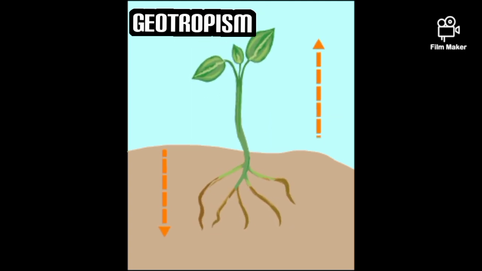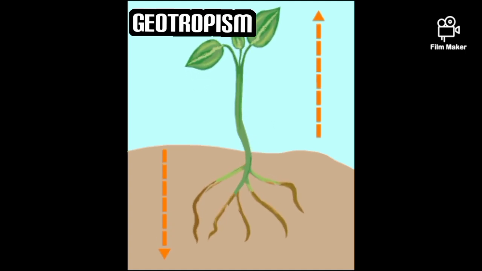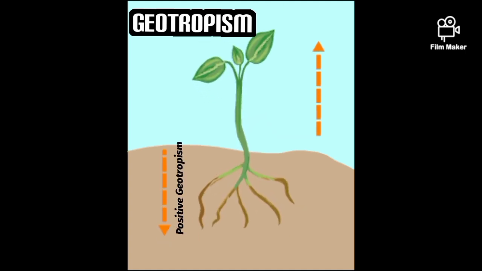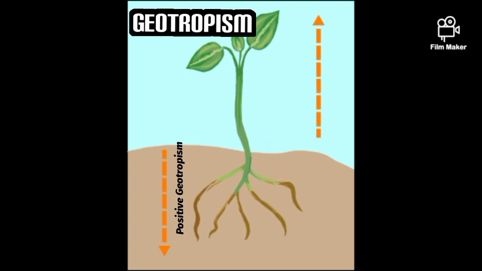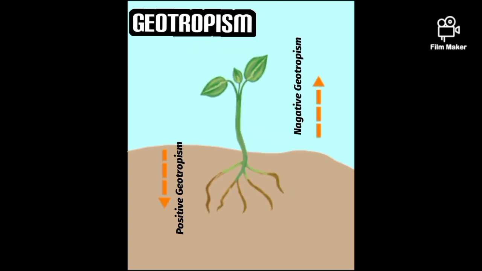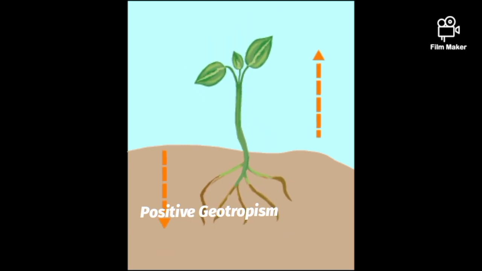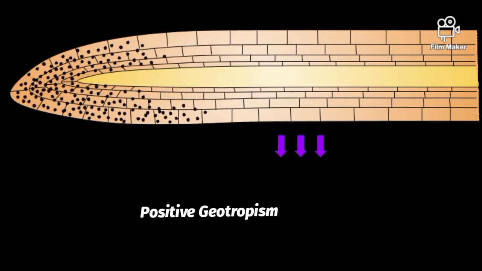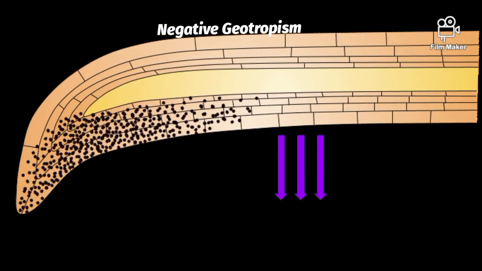Now, since the force of gravity is acting downward, meaning to push objects downward, the roots of plants are exhibiting positive geotropism. However, the shoots of plants are exhibiting negative geotropism, since they are growing in the opposite direction to the direction of the force of gravity.